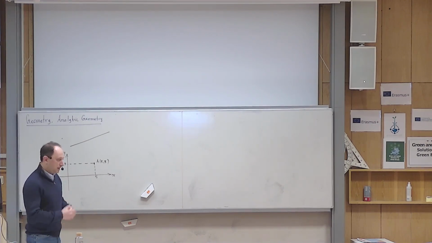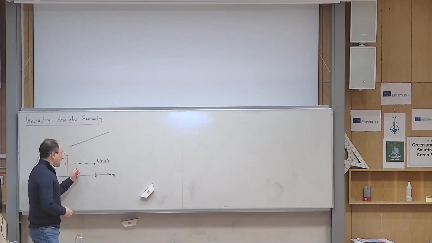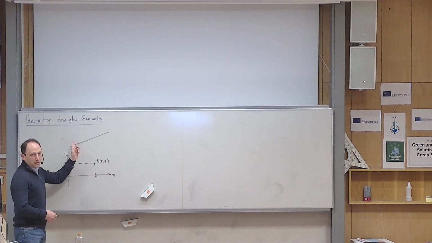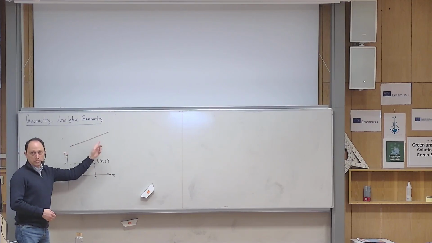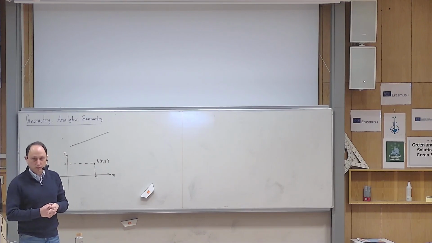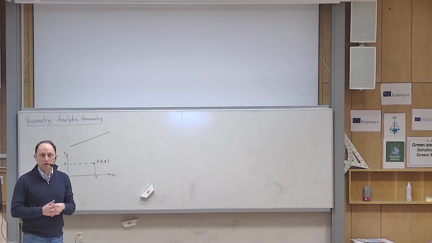Okay, that's the idea. That was the beginning, but in Math 1C we also learned about lines. Lines are shapes like this. A straight line is a shape in geometry, but in Math 1C we learned that we can represent it by an equation, which is in the realm of algebra.